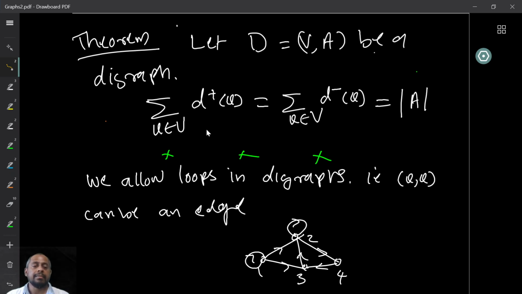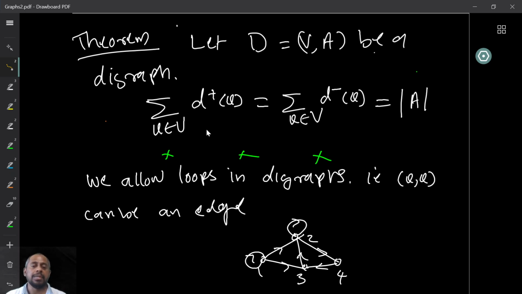Now we can get a similar result for digraphs, which says that if you take the sum over all the out degrees of the vertices, the number of arcs going out of vertices, that must be equal to the number of arcs which are coming into the vertices, which is the number of arcs.